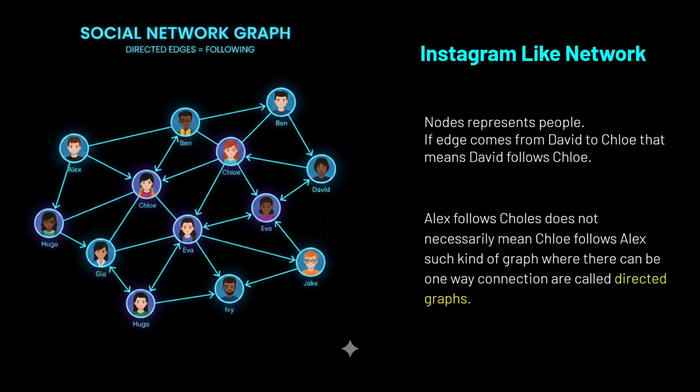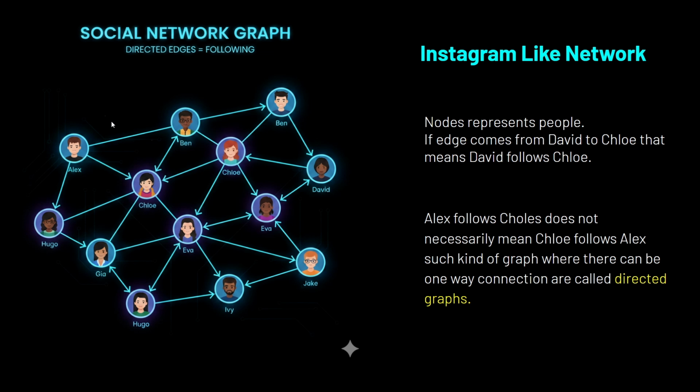This is also an example of a graph, and here the nodes also represent different people, and the edges between them represent whether they follow one another or not. Follow is an Instagram thing, where if you follow someone, you will see all the posts they make on their Instagram account.